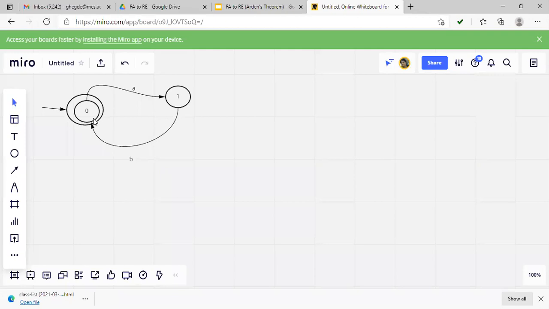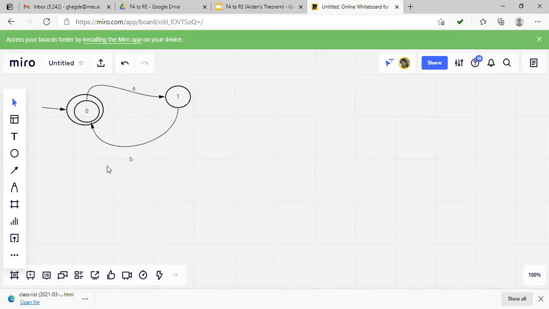In this example, it is very simple. You have a simple single loop from 0 to 1 and 1 to 0. So now we need to eliminate this. In state elimination, we eliminated the state.